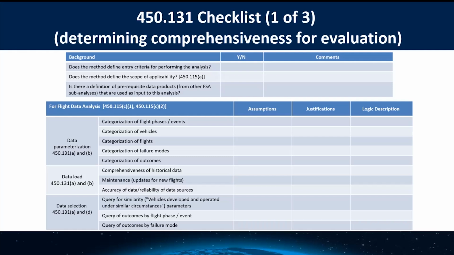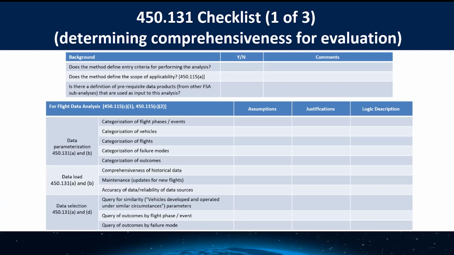In the case of POF, examples could be, for a scope, declaring any limitations to mission profile or phase of mission type. And for entry, identifying a suitable list of similar vehicle flight history with enough detail to determine failure causes and failure modes. For flight safety analysis prerequisites, identifying that a functional hazard analysis has been completed and approved, and identifying applicable mission phases and events from normal trajectory analysis.